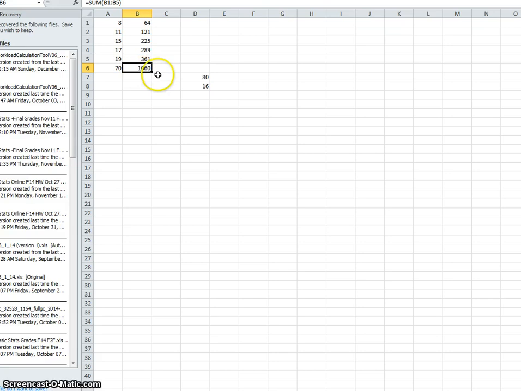And so if you plug into that formula, sigma is equal to the square root of the sum of the squares, which would be this, minus the sum of the terms squared divided by n.